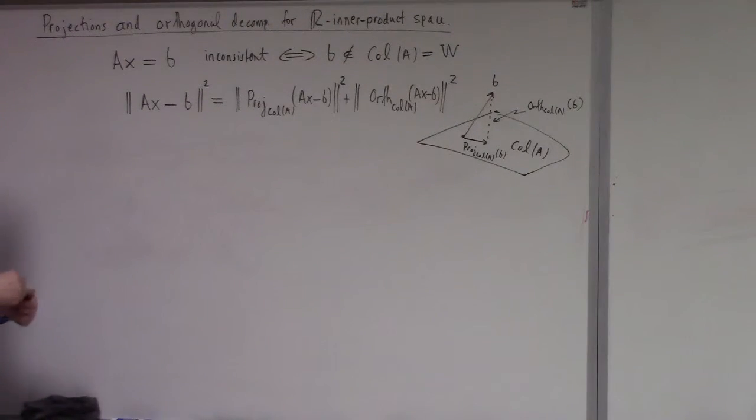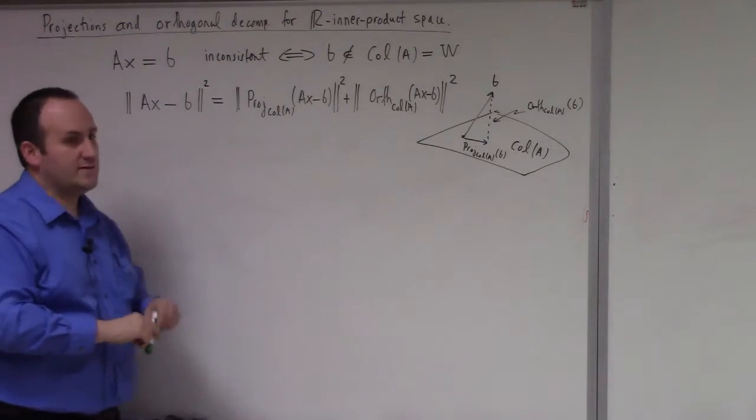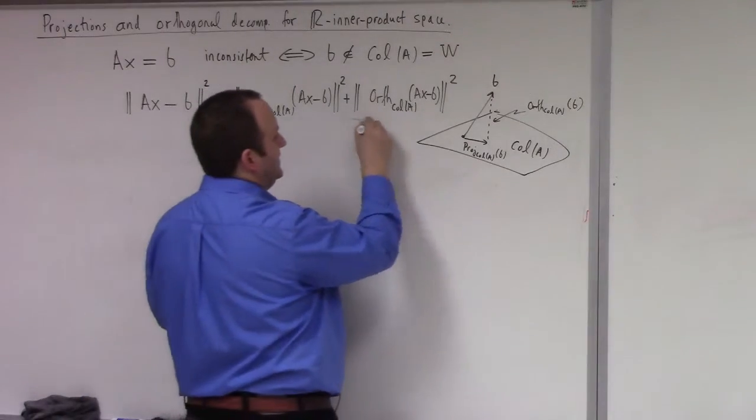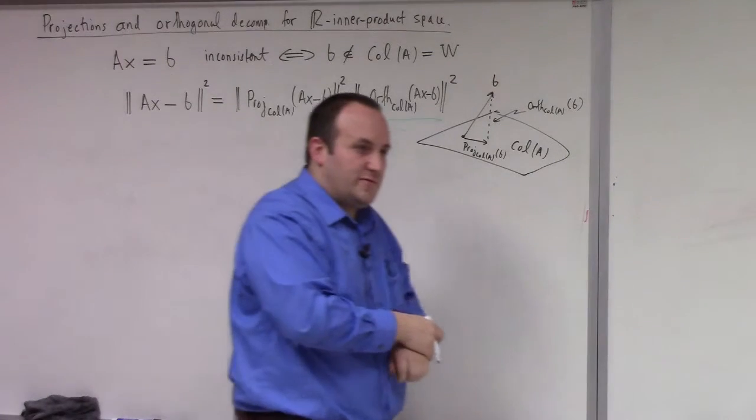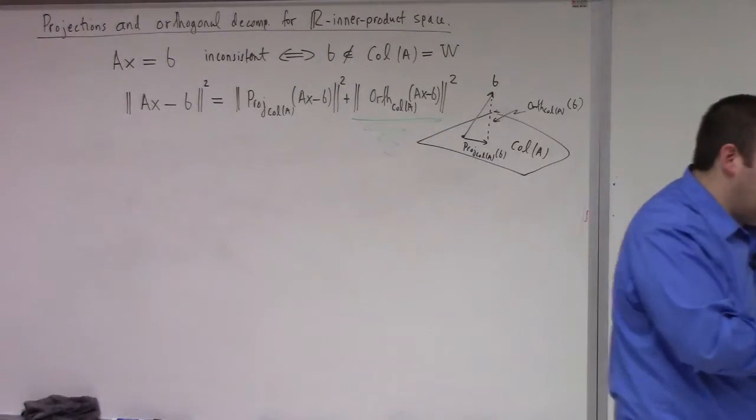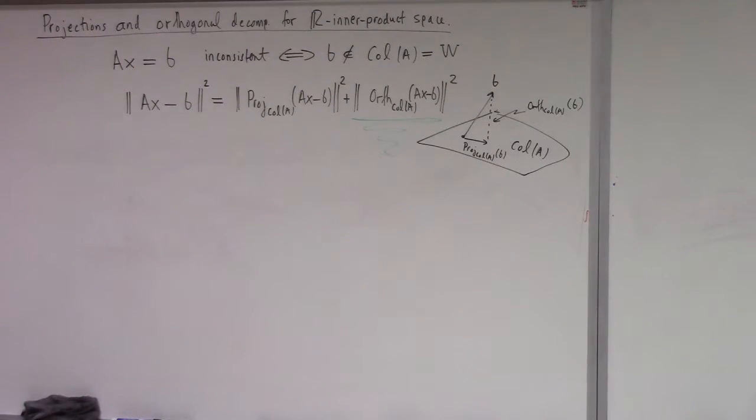Now you're stuck with the second term. There's nothing you can do about this. The bigger that is, the further you are away from the truth. If b is not in the column space of A, it's not a solution, and you're stuck with that.